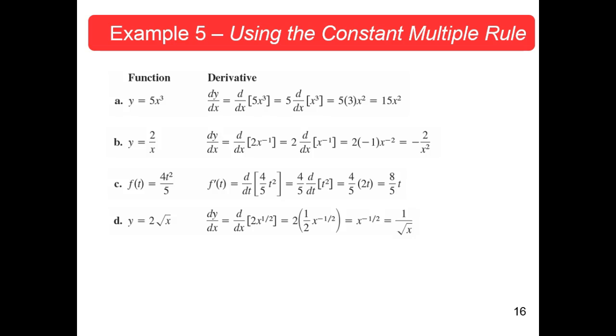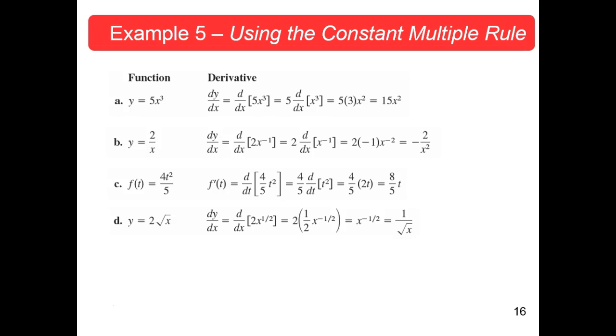I wish I could write this down, but if I write it down, you see the answer. I don't want you to see the answer. So you write it down. That would be 1 times x to the negative 1/2. Excellent. There you have it. And then if you wanted to write that in radical form, that would be 1 over the square root of x.